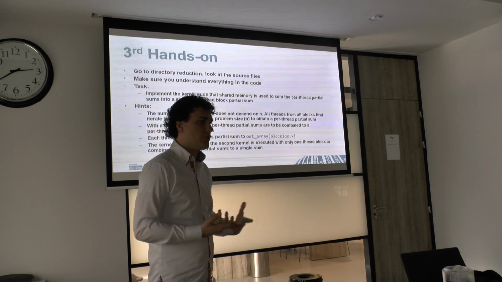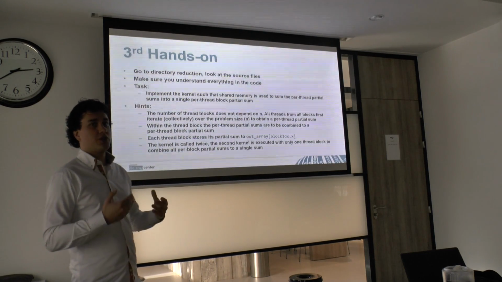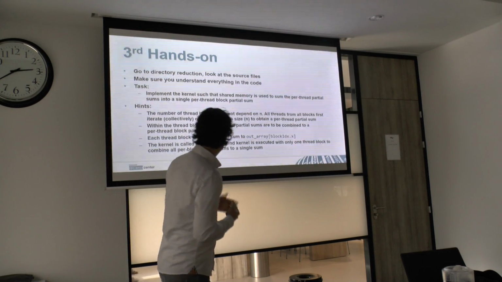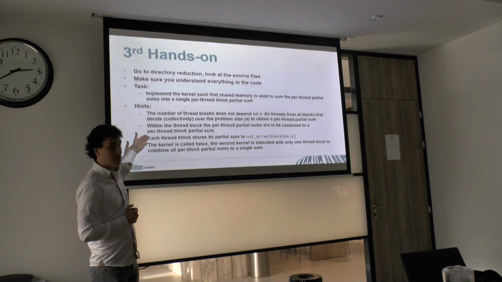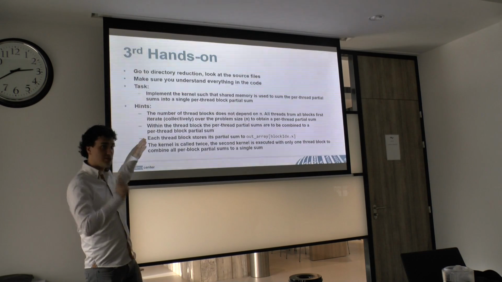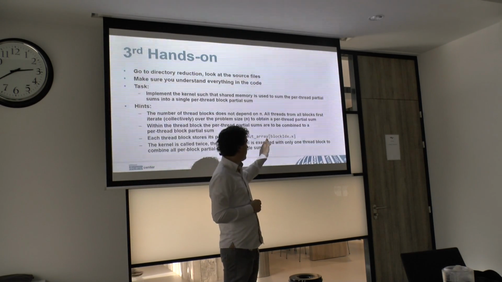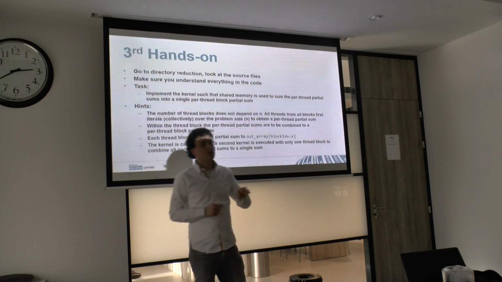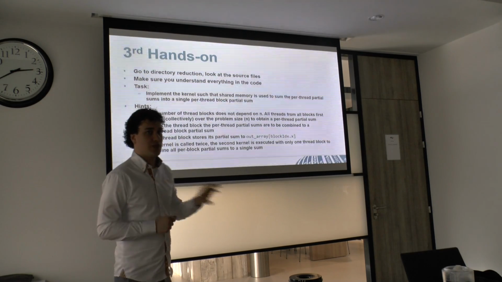If you read through the host code in this example, you will see that the kernel is actually called twice. That is because at the end, every thread block will store its single value into the output array, called out array, using its block index. So all the thread blocks output a single per-block partial sum to the output array.